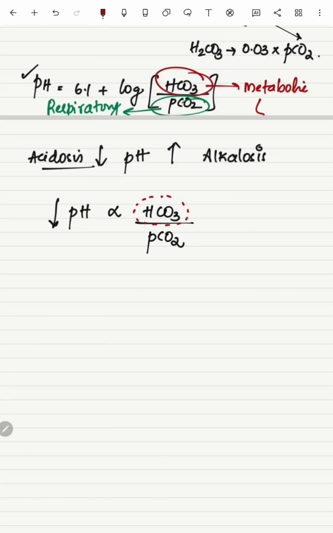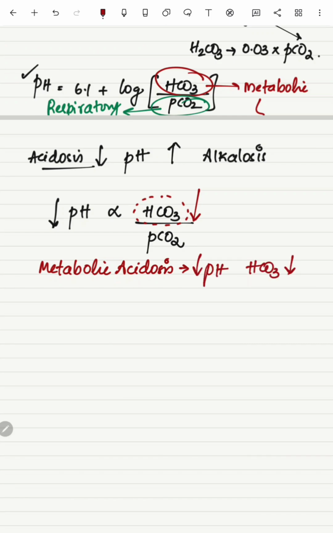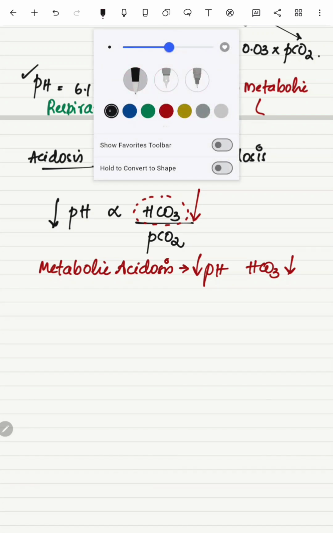So what change in HCO3, the numerator, will produce a decrease in pH? HCO3 has to decrease. Whenever there is a change in HCO3, we term it metabolic, and with pH decreased, that is metabolic acidosis. So in short, in metabolic acidosis, pH will be decreased and HCO3 levels are decreased.